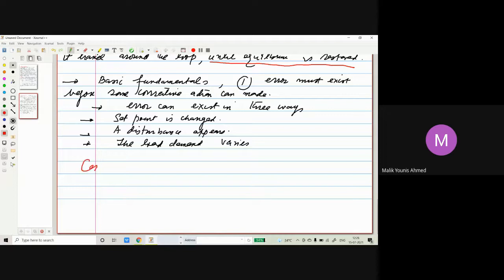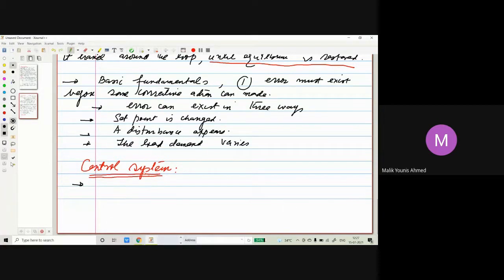Now you have a good idea of certain terminologies. Now we can define the control system again. Having said that, these terminologies we have explained in a detailed manner. I have explained all those terminologies. So what does the control system look like now?